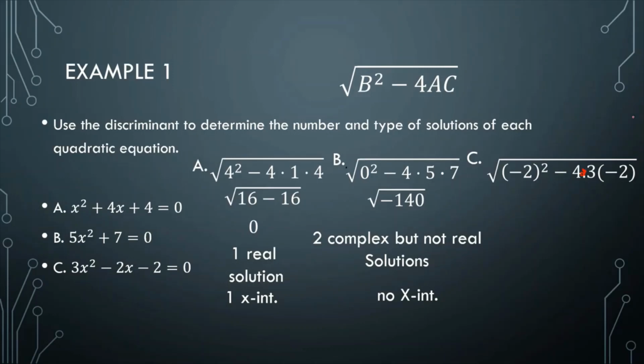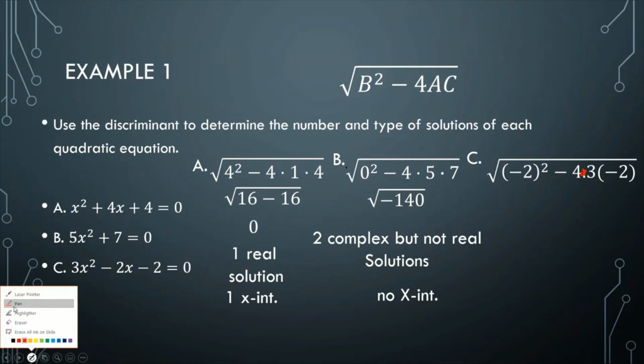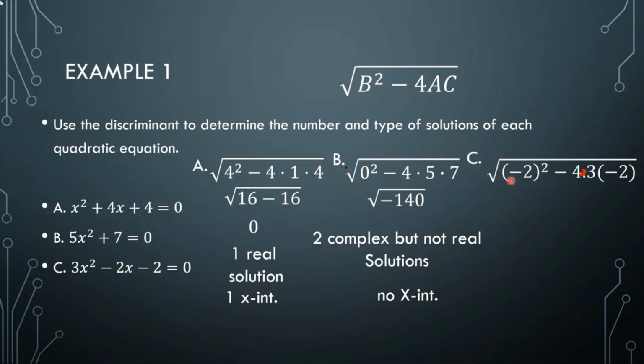Should be 4 times 3 times negative 2. This would be 4, and then this is negative 4 times 3, which is negative 12, times a negative 2, which would be plus 24. So that would be 4 plus 24. That gives us a square root of 28.